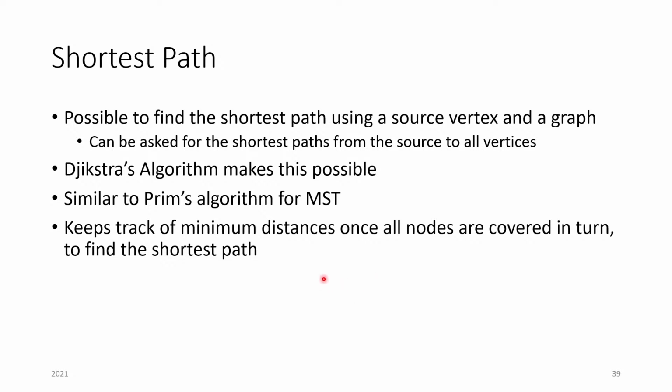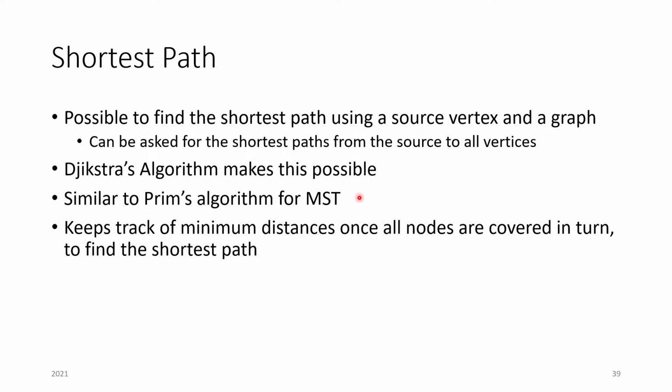So, starting with our shortest path topic for today. Given any example graph that you may encounter, you can find the shortest path between some source vertex and all the other vertices in the graph. The algorithm that makes this possible is referred to as Dijkstra's algorithm. It's very similar to Prim's algorithm that we saw last week for the minimum spanning tree.